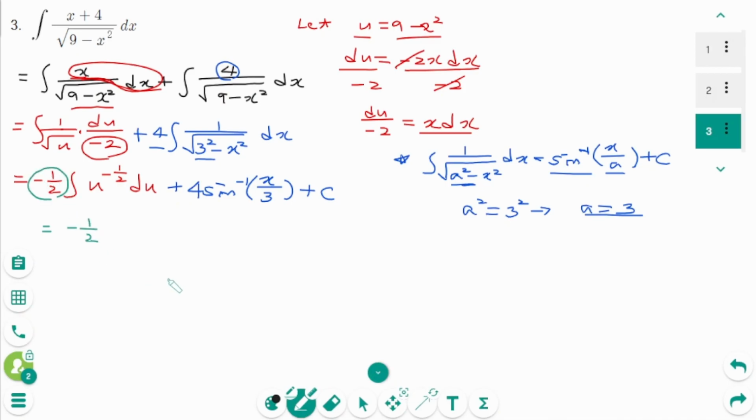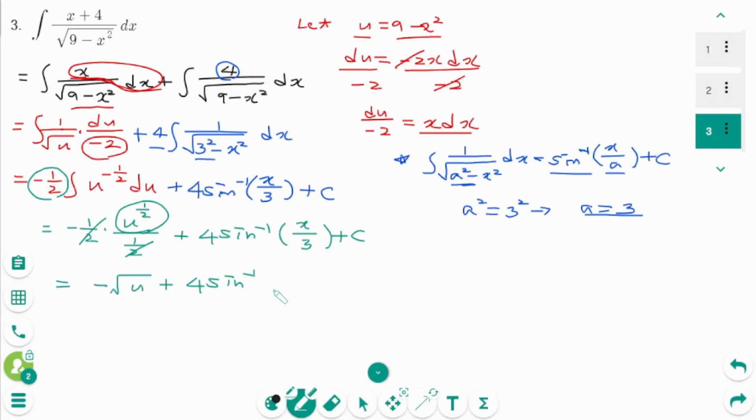The integral of u to the power of minus 1 over 2 is, use the power rule for antiderivative, u to the power of minus 1 over 2 plus 1, which is 1 over 2, over 1 over 2, plus 4 arc sine of x over 3 plus c, equals, this one is cancelled, then minus u to the power of 1 over 2 is the square root of u, plus 4 arc sine of x over 3 plus c.